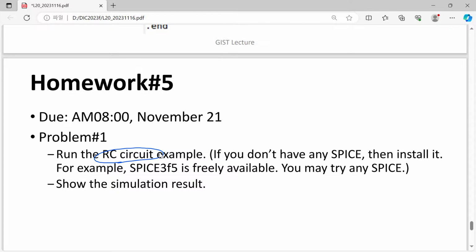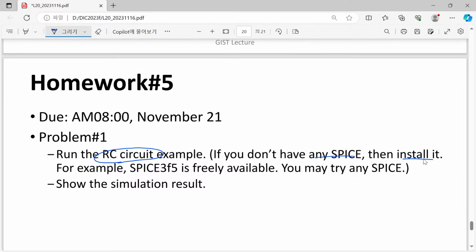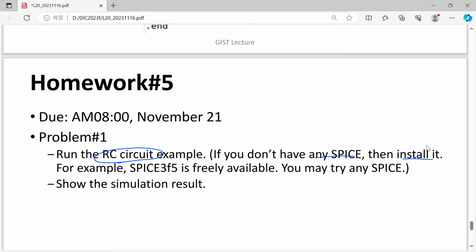You will have quite a simple result because this is RC, but the reason why I ask you this problem is to get familiar with the very early stage of SPICE. If you don't have any SPICE, then please install it. If you have access to a more advanced version of SPICE, then it is completely okay.